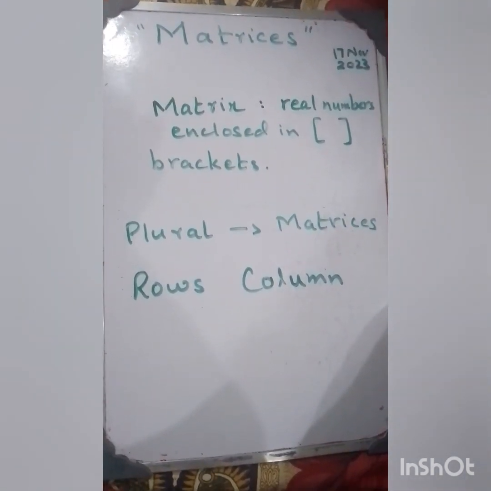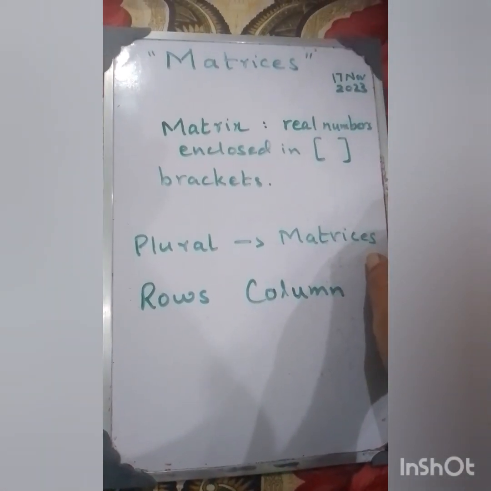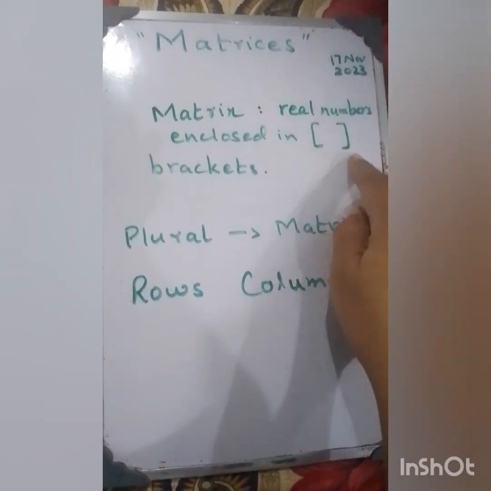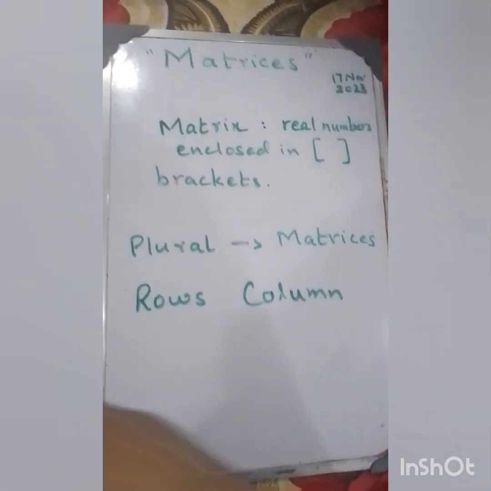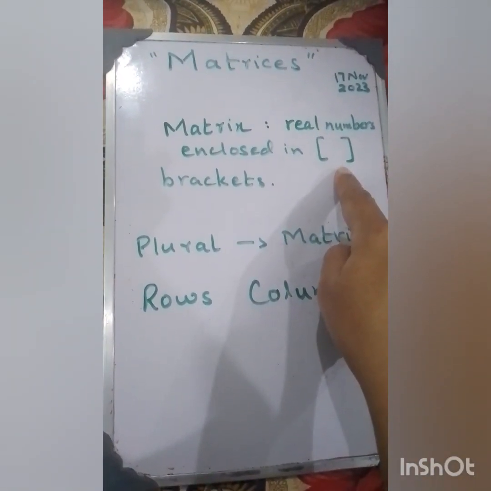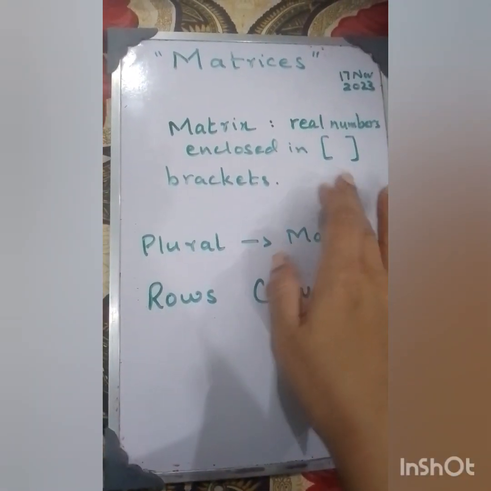So matrices are comprised of real numbers enclosed in brackets. Square brackets are mainly used for matrices throughout this whole chapter.